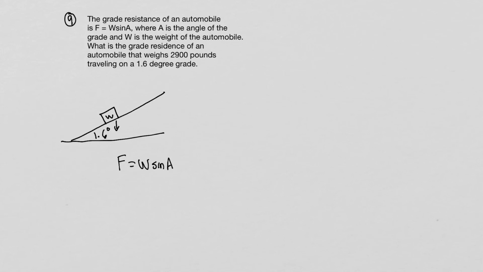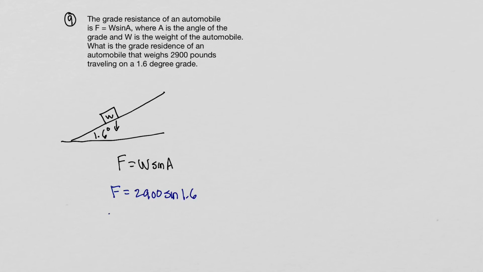Now what we know in this problem is that we want to find the grade resistance of this car, and what we've got is F equals 2,900, it weighs 2,900, times the sine of that 1.6.